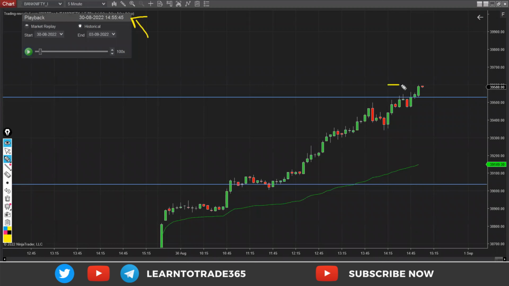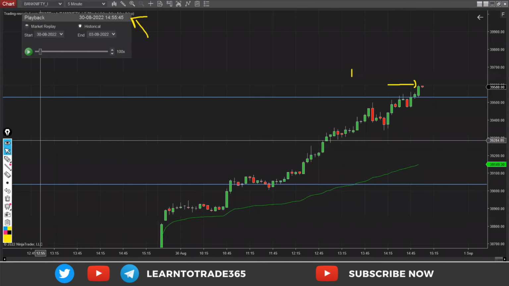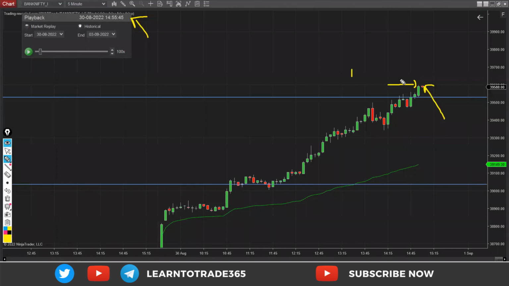Price is tagging 39,590, so I am getting my 1:1.5 risk reward. Can you understand why I'm telling what 1:1 is? Okay, 1:1.5 risk reward has tagged me, and time is almost 3 p.m., just 30 minutes left.